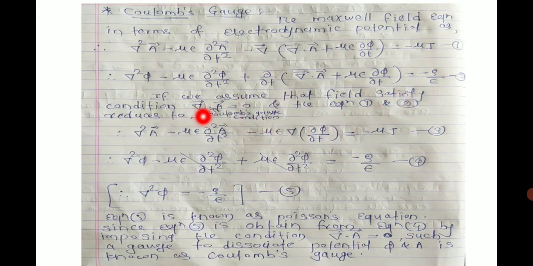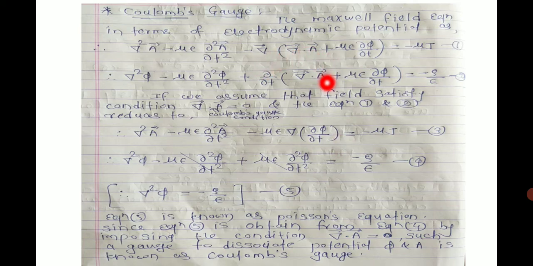Then we put del dot A equal to 0 in equation 1 and equation 2. That means the terms del into del dot A and d by dt of del dot A will be cancelled. Then the remaining terms are del square A minus mu epsilon d square A by dt square minus mu epsilon del dphi by dt is equal to minus mu j.